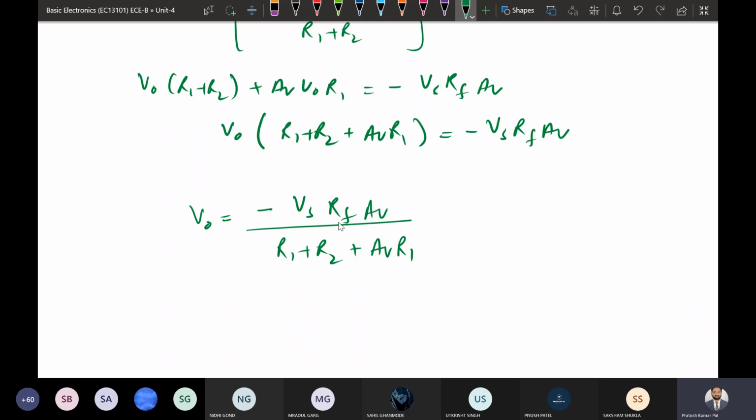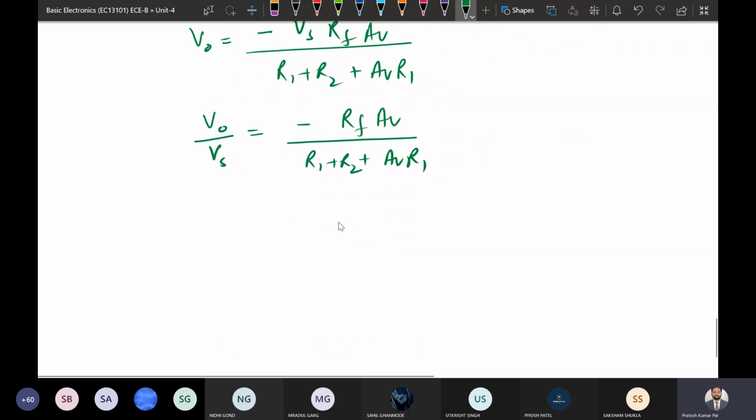Okay. And if we find V0 divided by the input, that is Vs, it will be minus Rf into AV divided by R1 plus R2 plus AV R1.